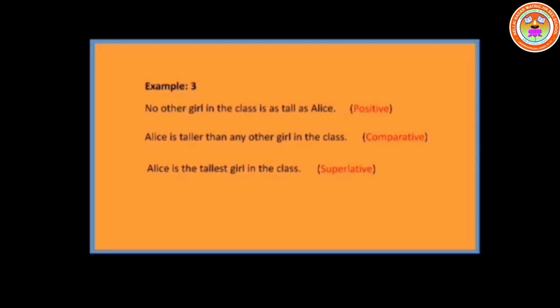In this sentence, comparison is made between Alice and the other girls in the class using the positive adjective tall. The same idea has been expressed using the comparative adjective taller and the superlative adjective tallest. So that is the change.